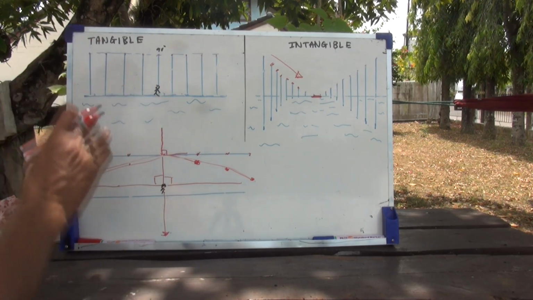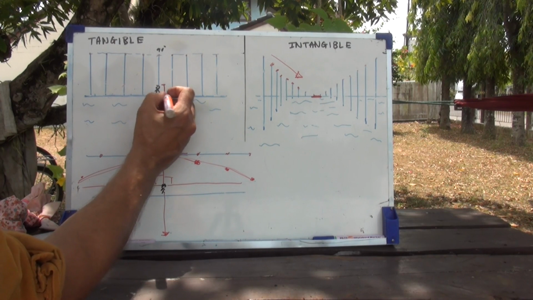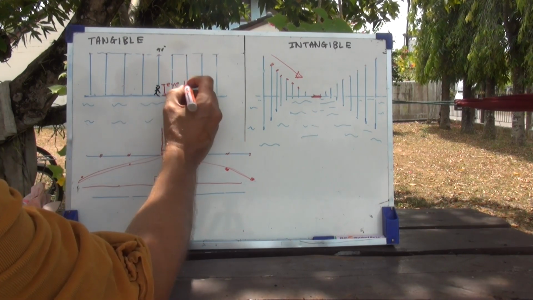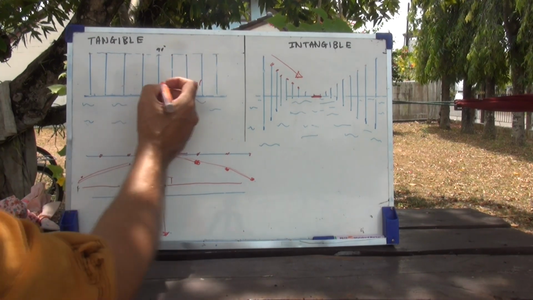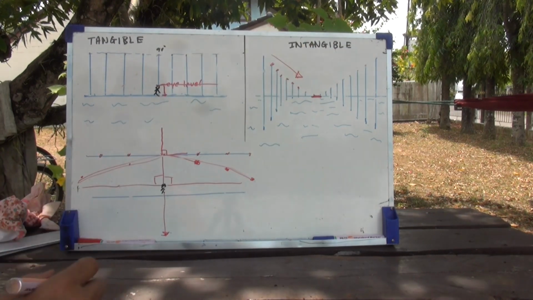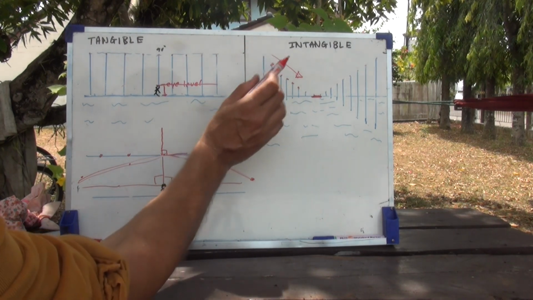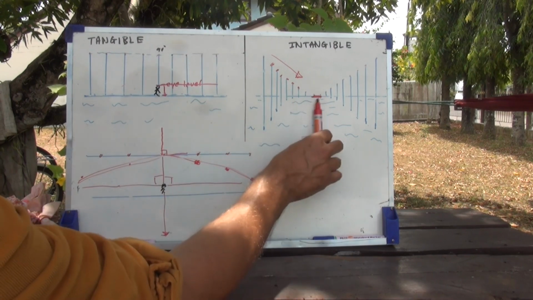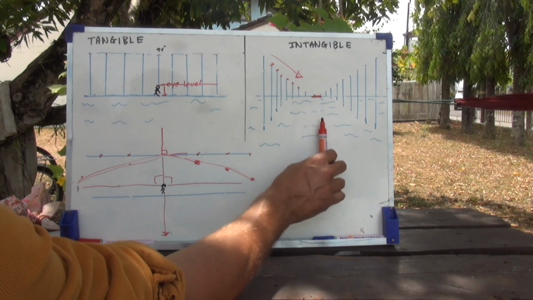Again, this is why I'm talking about what's tangible. There's a tangible difference between the surface and the height of the observer, or the observer's eye level, if you like. We can call the eye level the observer's height, and we can also talk about that horizontal line of sight as being the observer's eye level. So here we have a horizontal line of sight. Just as these things in the sky are part of our view, the horizon is the division in our eyes between the surface and the sky.